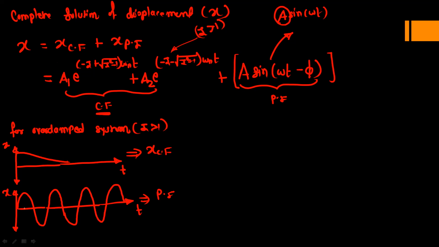Okay, so this maximum value of the displacement on both the sides is nothing but the capital A from this equation. As we are adding these two waveforms, what is the combined effect?